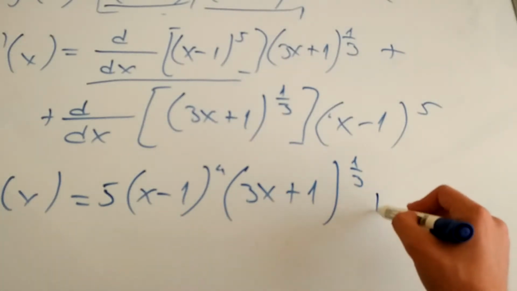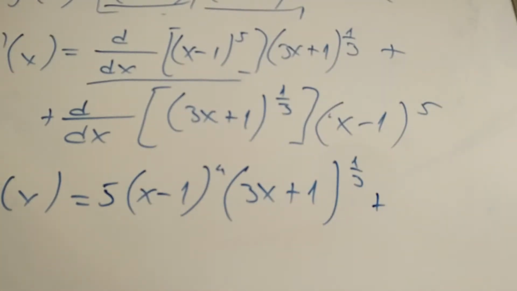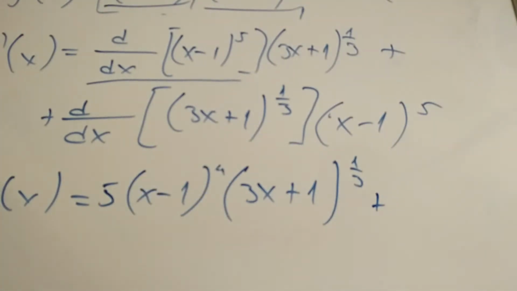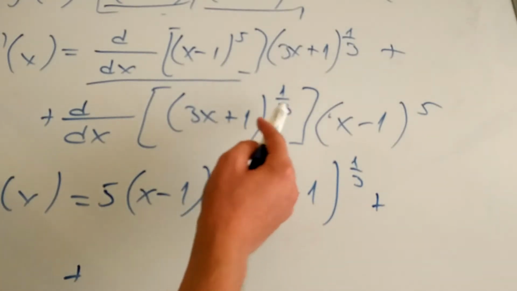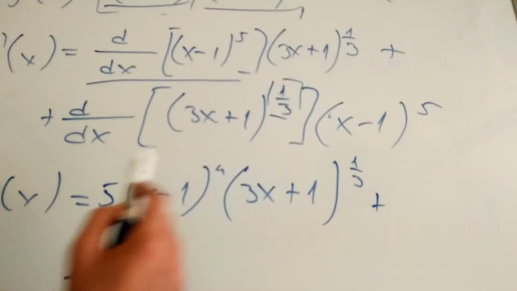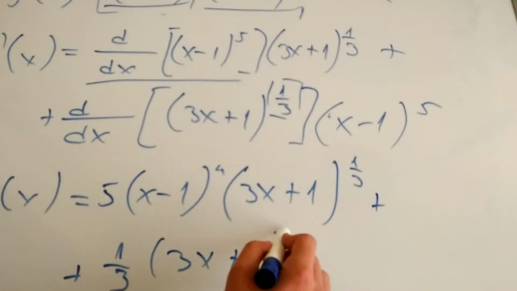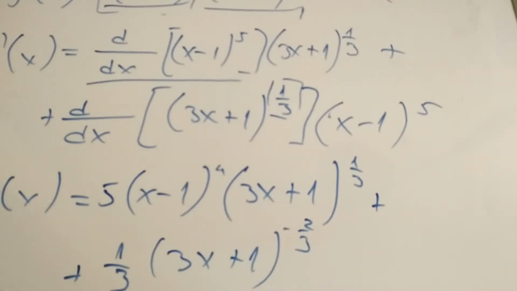Okay, then we have plus, now the derivative of (3x plus 1) to the 1/3 power. This will be equal to, since we use the same technique here, again the chain rule, so we will write 1/3 as a factor and then we will decrement the exponent, so we'll get (3x plus 1) to the minus 2/3 power, and then we need to find the derivative of 3x with respect to x, and that will be equal to 3.